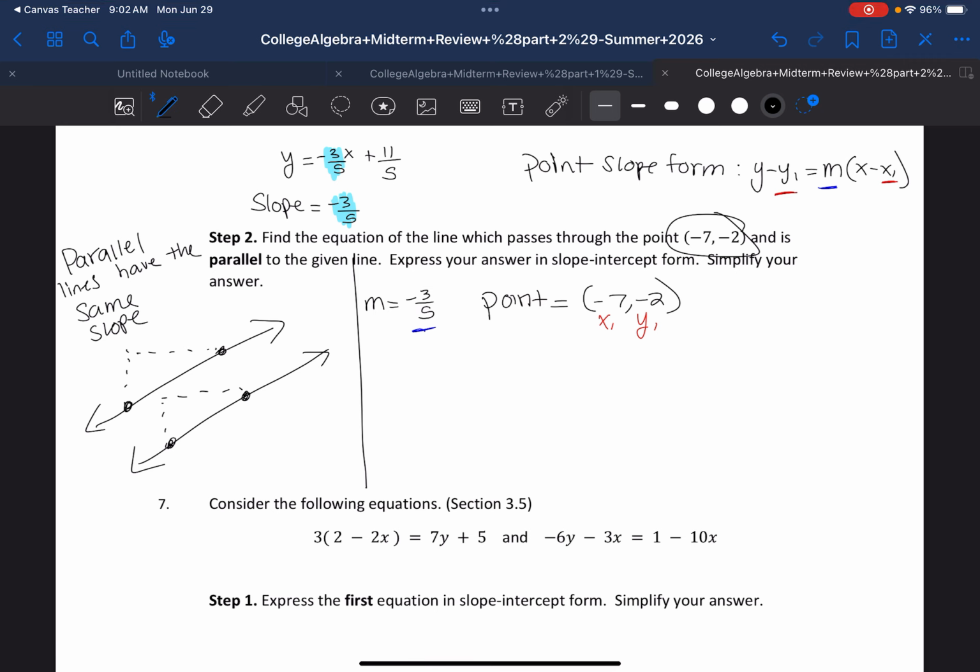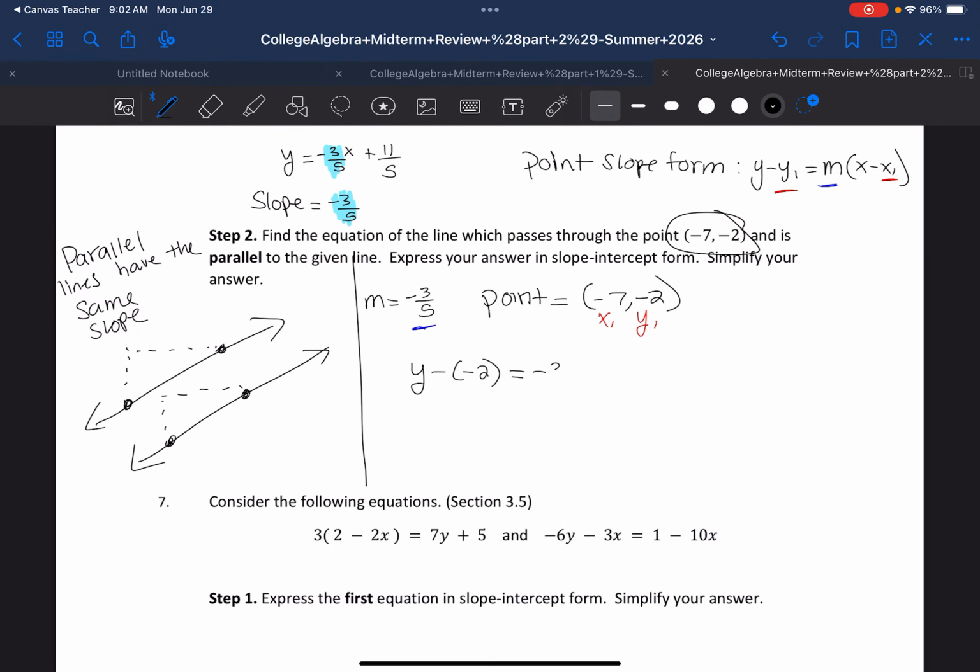So I'm going to plug this in, which will give me y minus, and then y1 is -2, so that's going to give me a double negative there, equals -3/5 times x minus a -7, which again is a double negative.